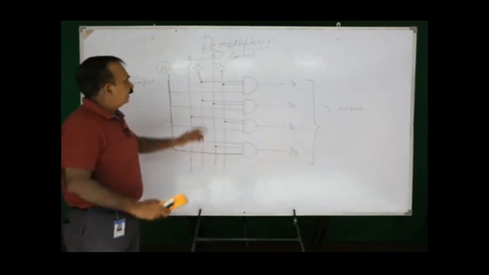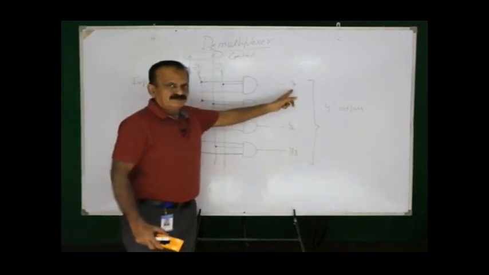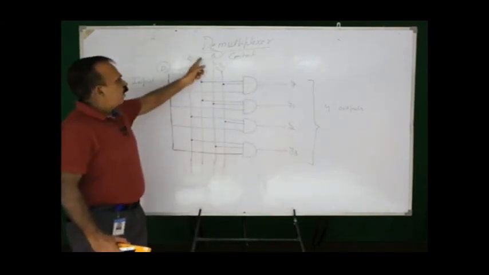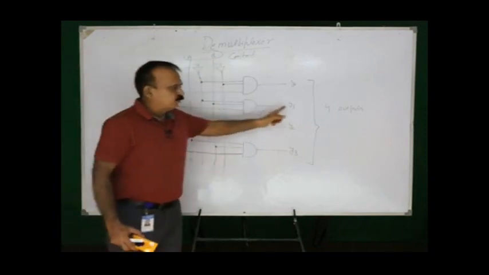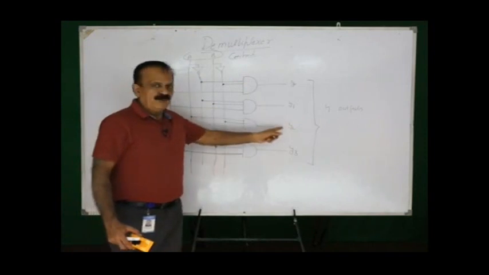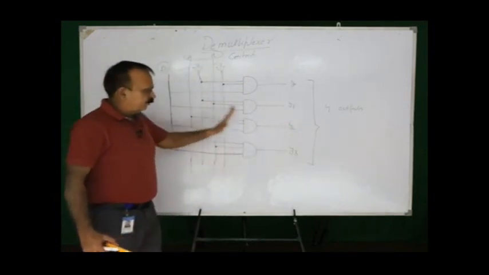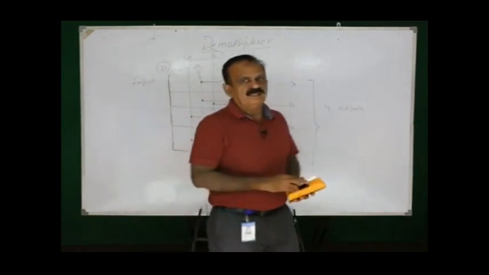Now it is clear, if it is 0 0, this D will be connected to Y0. If it is 0 1, this D will be connected to Y1. If it is 1 0, it will be connected to Y2, and if it is 1 1, then the value of D will be connected to Y3.